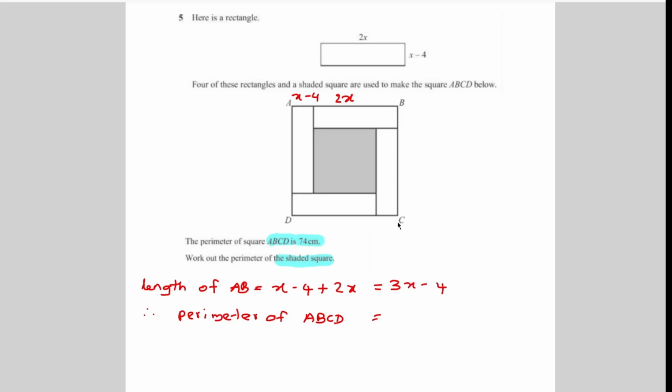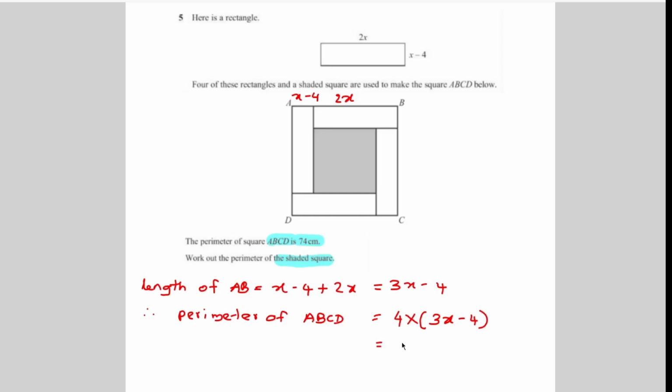A, B, C, D, A. Then 4 times, because this is 3x minus 4, this is 3x minus 4, this is 3x minus 4, this is also 3x minus 4. Since this is a square, all 4 sides are equal, so 3x minus 4 is multiplied by 4 to get the perimeter.